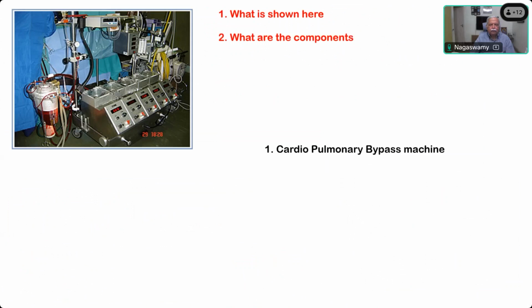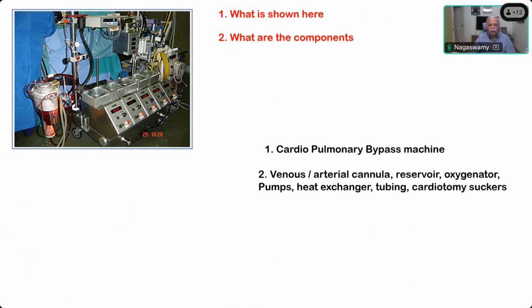Reservoir, oxygenator, and the various PVC tubing, the centrifugal and or the roller pumps. Cardiotomy system. Yes, sir. Venous and arterial cannulae, reservoir, oxygenator, pumps, heat exchanger, tubing, cardiotomy circuits. So these are all the components of that.